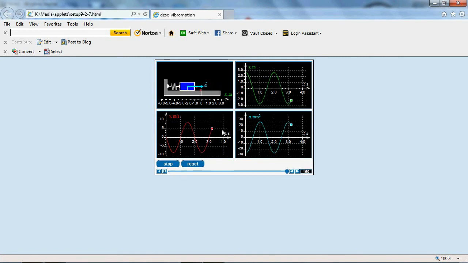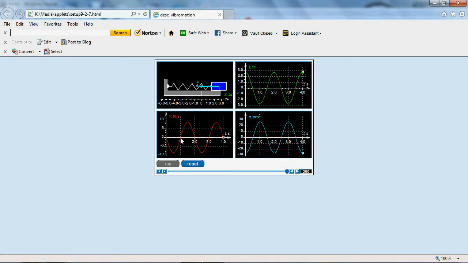And you notice that here the green is the distance away from the equilibrium point. So the equilibrium point is here at 0. When the x function is at its peak, the velocity is 0, and then the velocity reaches its peak at a point here where the mass is moving through the center line.